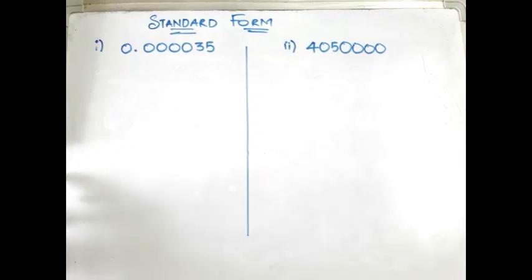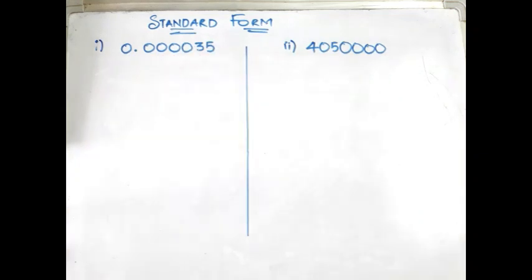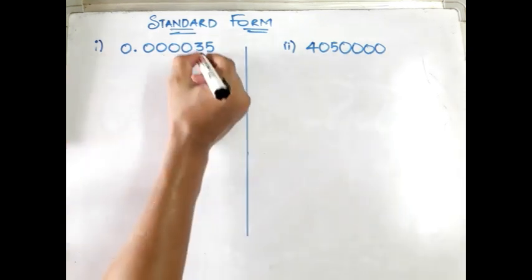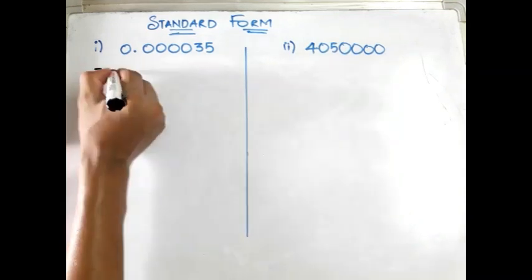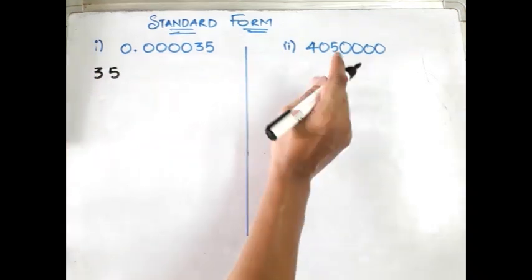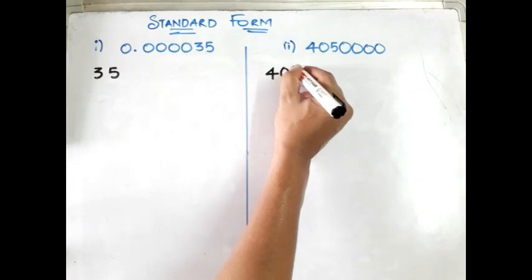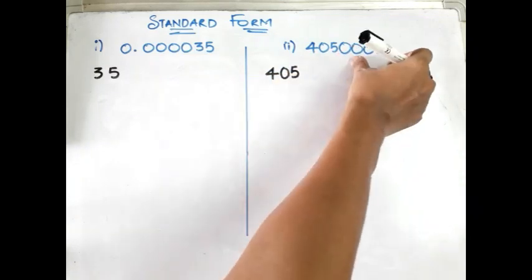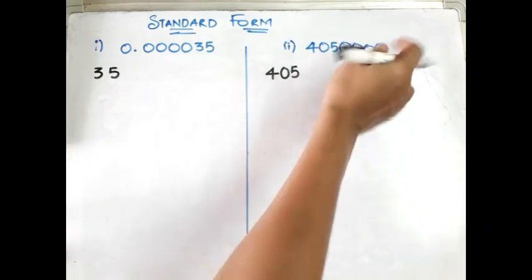So the first one is 0.000035. As you know, for any number to write in standard form, we have to take the number as it is, that means 35. Here also 405, because we usually don't touch these zeros. Once we are done with the numbers, we take that as a number and leave the zeros.